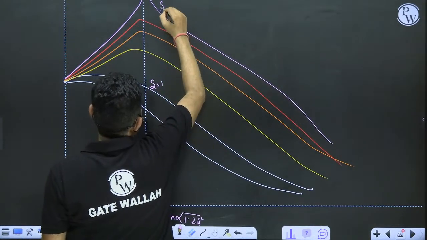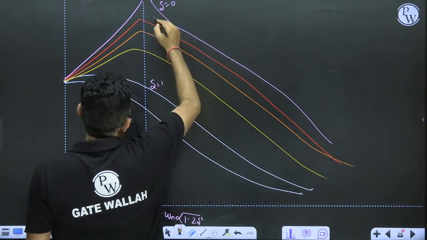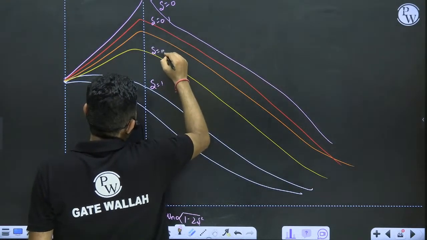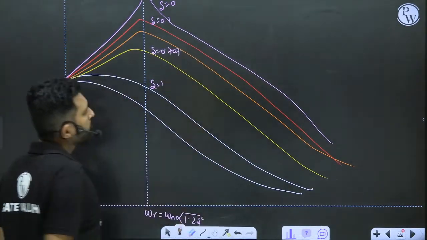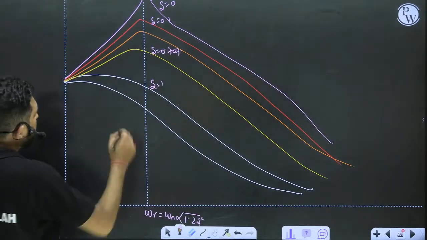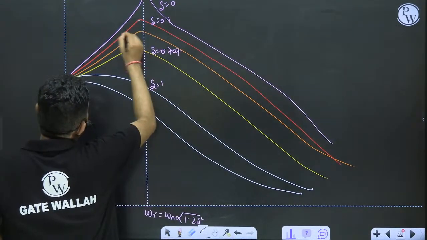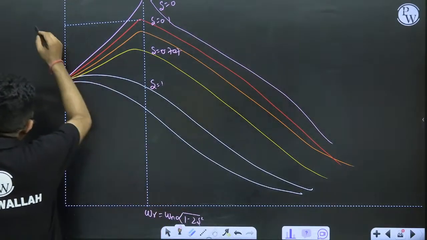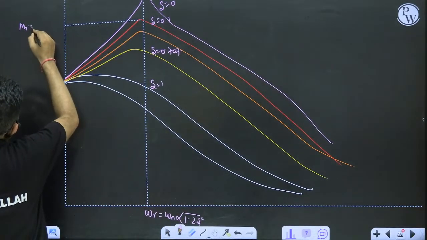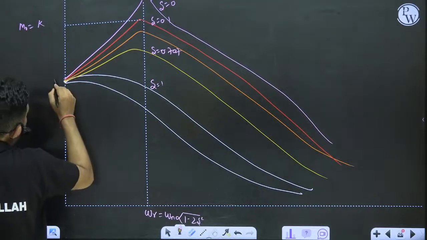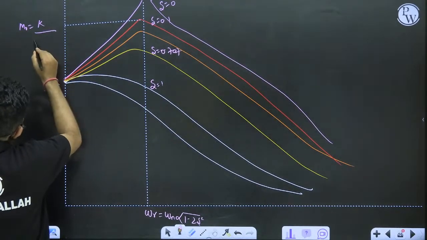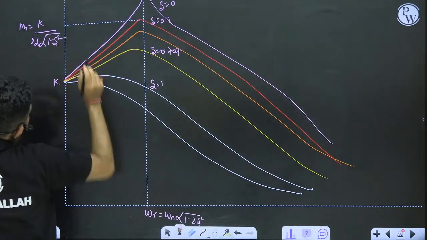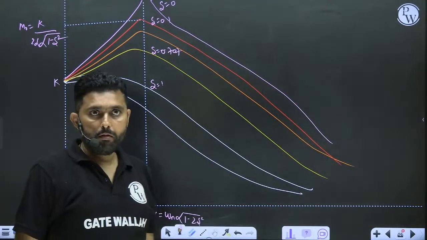This is zeta equal to 0. Let's say zeta equal to 0.1 and so on and so forth. This is zeta equal to 0.707. We call this MR. And MR was, if you remember, K divided by 2 zeta root of 1 minus zeta square.